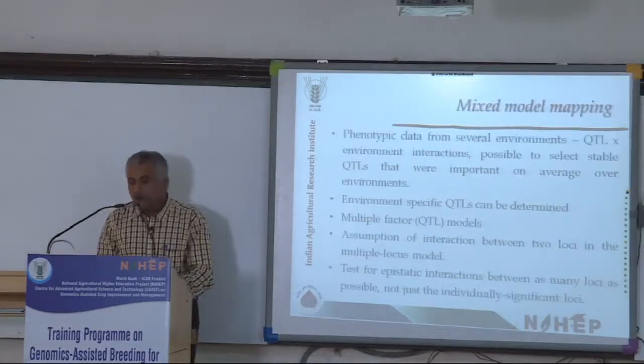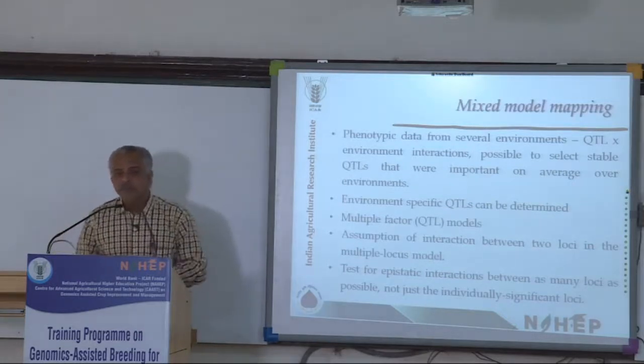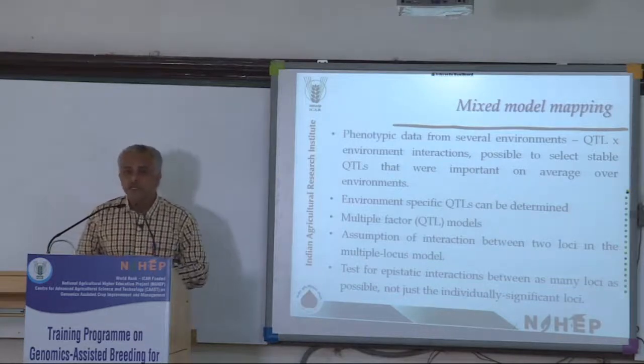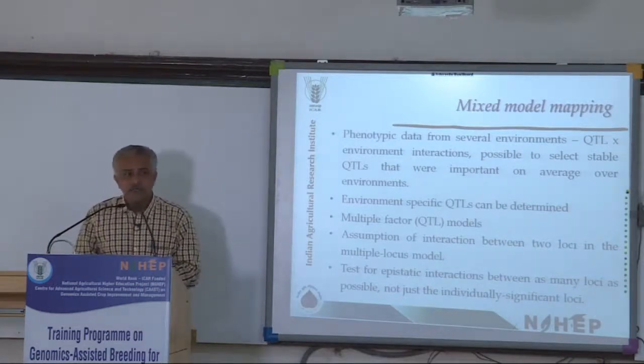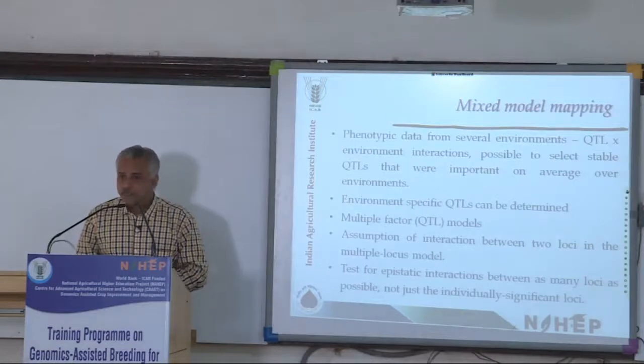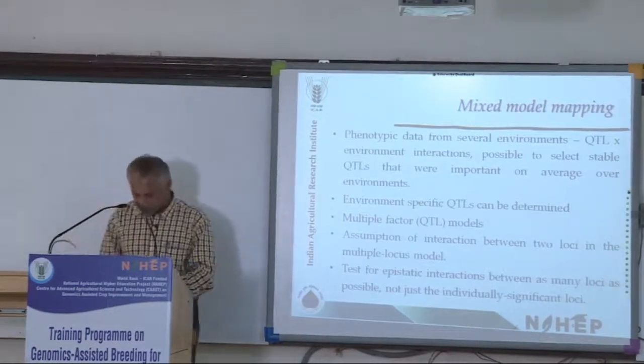Okay. Now going further into depth, you can have mixed model mapping or Bayesian model mapping, where you will be able to estimate the QTL by environment interactions, and also the epistatic interactions, right. These are more complicated ways to analyze QTLs.